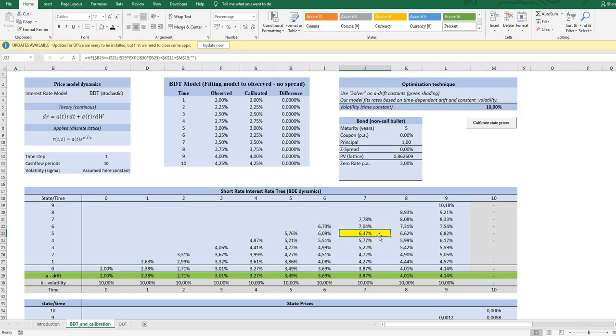So this is the idea, that we now have a calibrated tree of interest rates, and we can use all those interest rates on particular times. It doesn't have to be with 1 year. It could be with quarter or semi-annual steps.